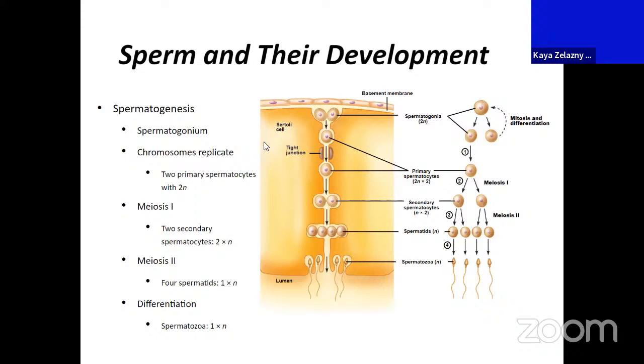So this is getting towards our ultimate goal of having mature sperm cells. Okay, so we're entering meiosis. We're going to start with these primary spermatocytes, and we can see that those primary spermatocytes are crossing through and past that tight junction. So this is a controlled process, but we allow these spermatocytes to go through.